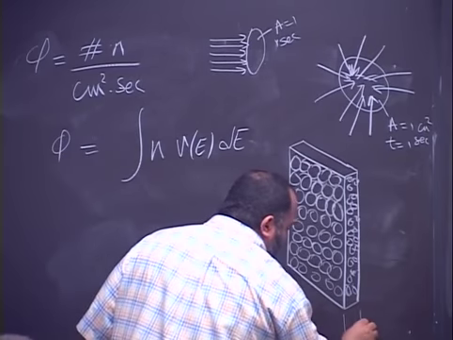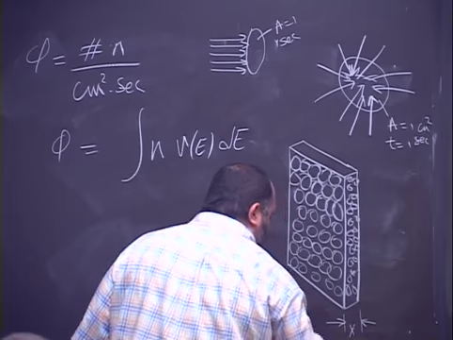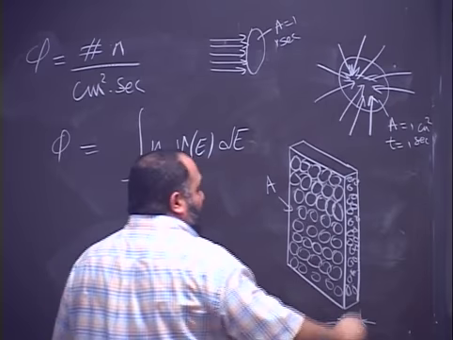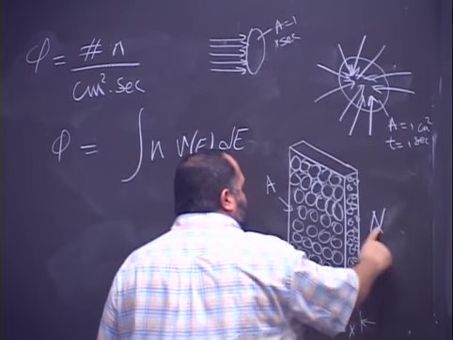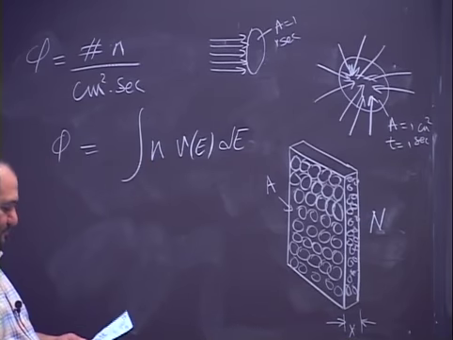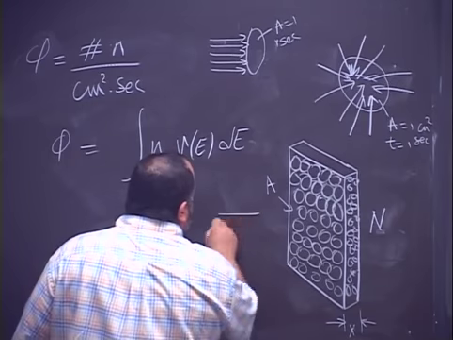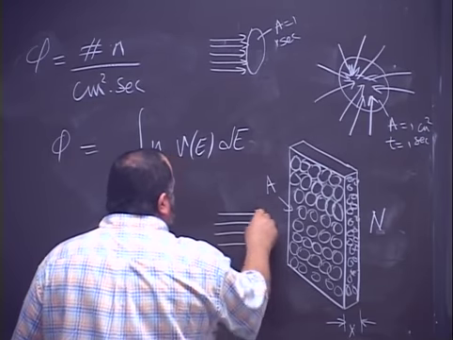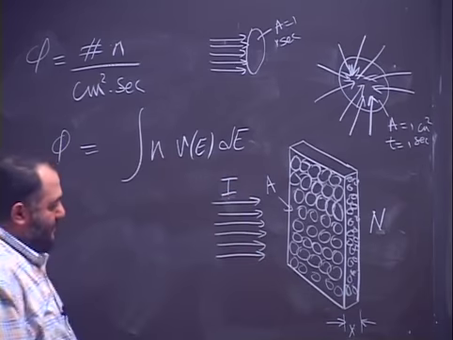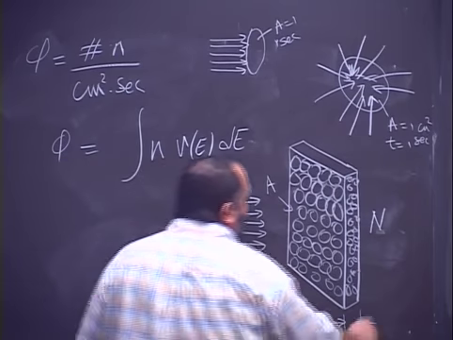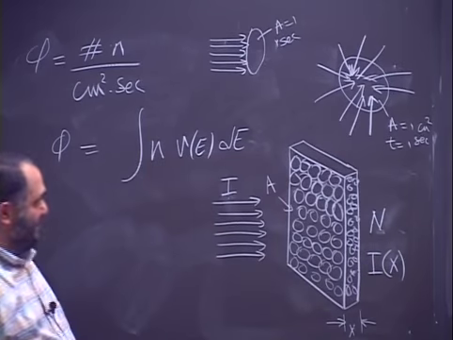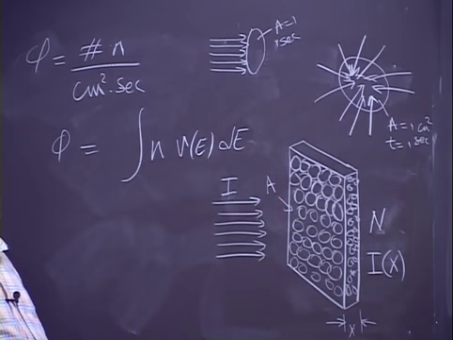So the thickness will be X, the total area will be A, and the number of nuclei per centimeter cube is N capital. And if we have now a neutron beam coming to hit the target with intensity I, the beam, after passing through the target, will be I of X. What does I of X mean?